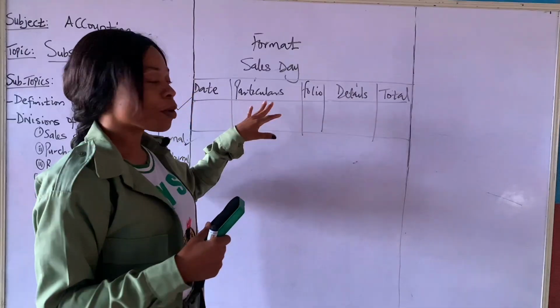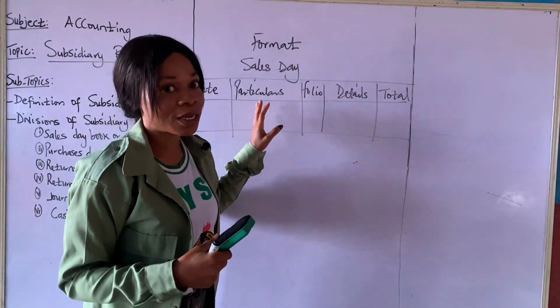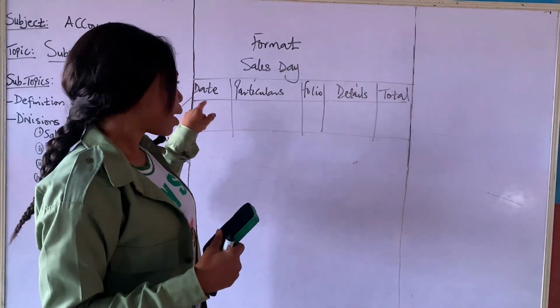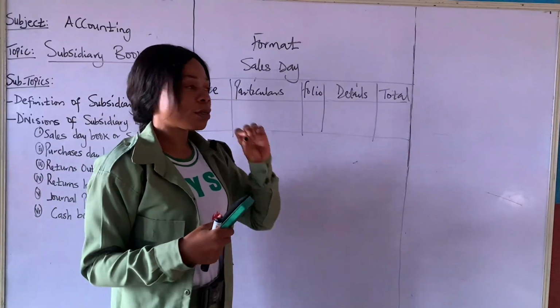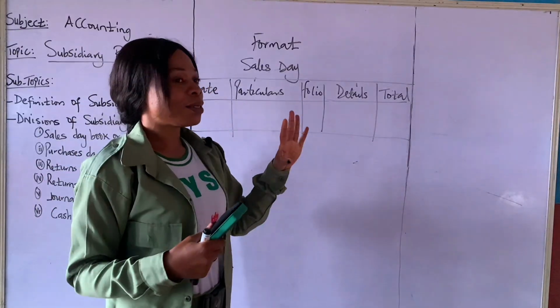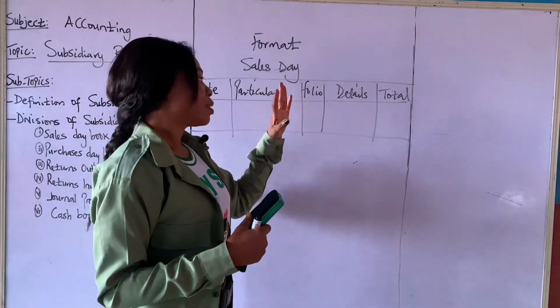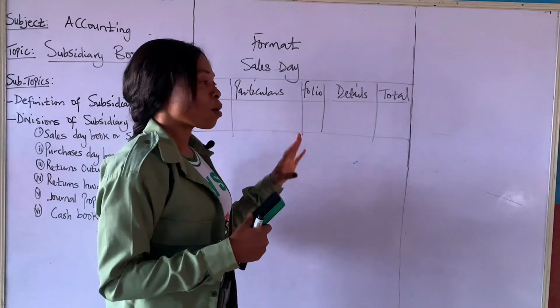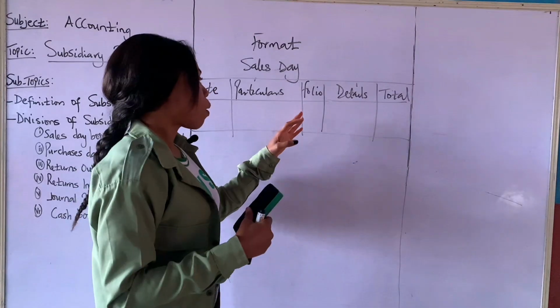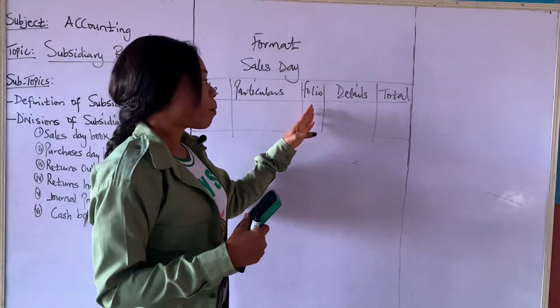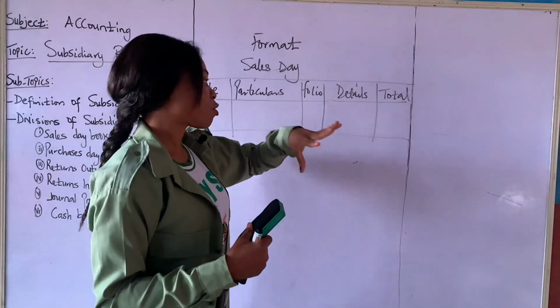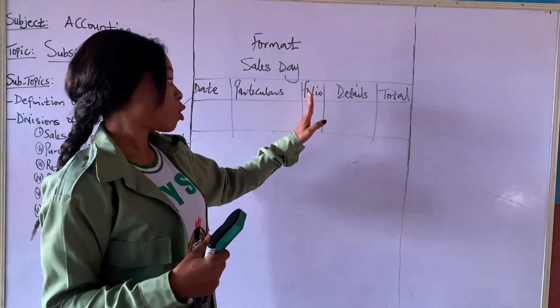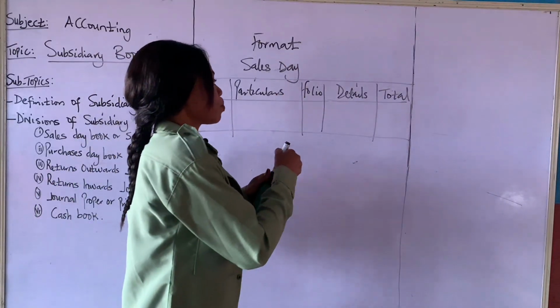That is the particulars, you carry a brief description about the transaction that really happened on that date. The volume will also tell you about the sales ledger that this particular transaction will be posted to, or the invoice number where the transaction was actually picked from. Okay, so it falls under this column.